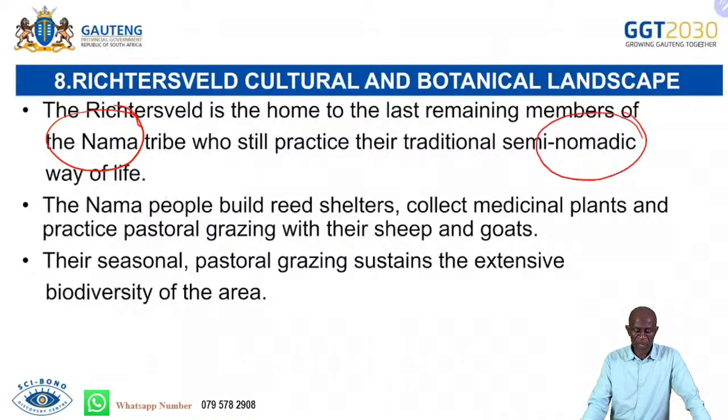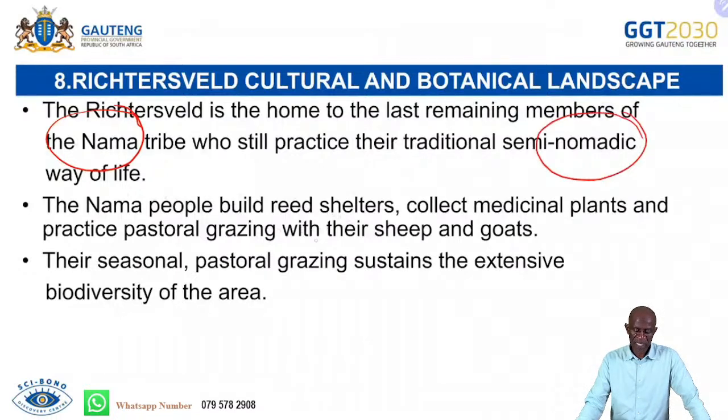The Nama people build reed shelters. So these are not permanent structures. They use reeds to build their homes, and they are known for collecting medicinal plants, meaning plants that are used to make medicines, and practice pastoral grazing with their sheep and goats.